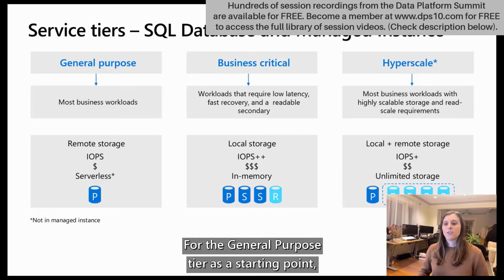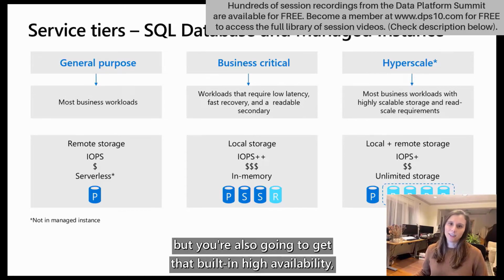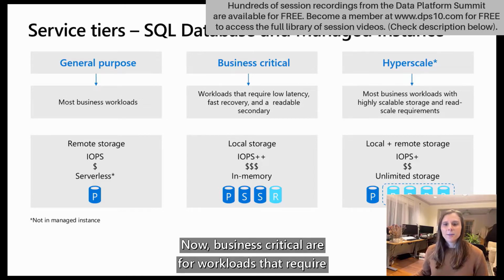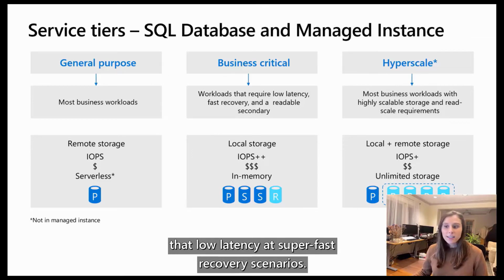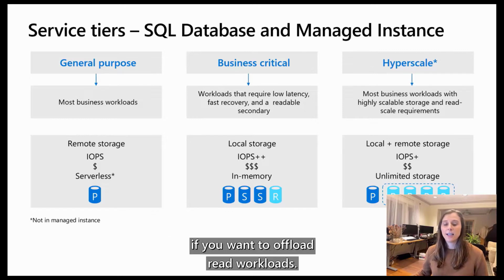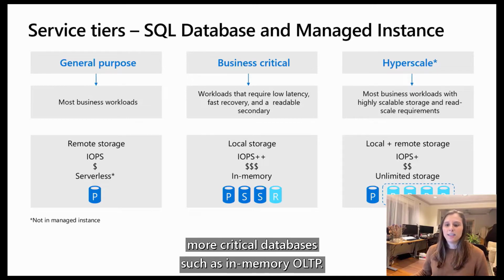The general purpose tier, as a starting point, is good for most business workloads where you get basic I/O, but you also get built-in high availability, which we'll discuss in more detail later. Business critical is for workloads that require low latency and super fast recovery, and you even get readable secondaries if you want to offload read workloads. You also get additional functionality needed for more critical databases, such as in-memory OLTP.